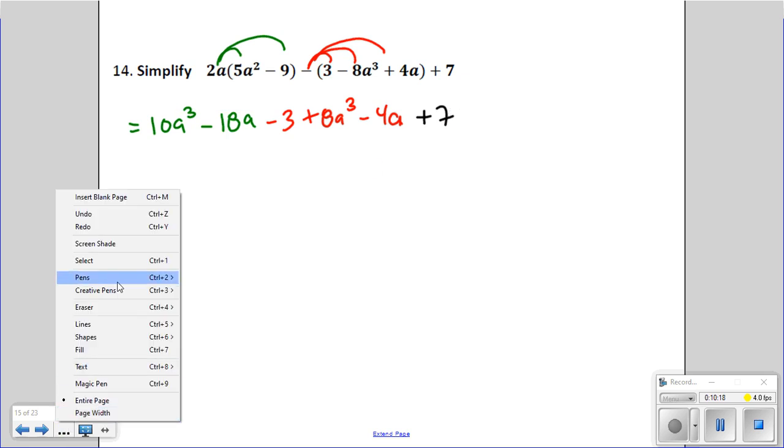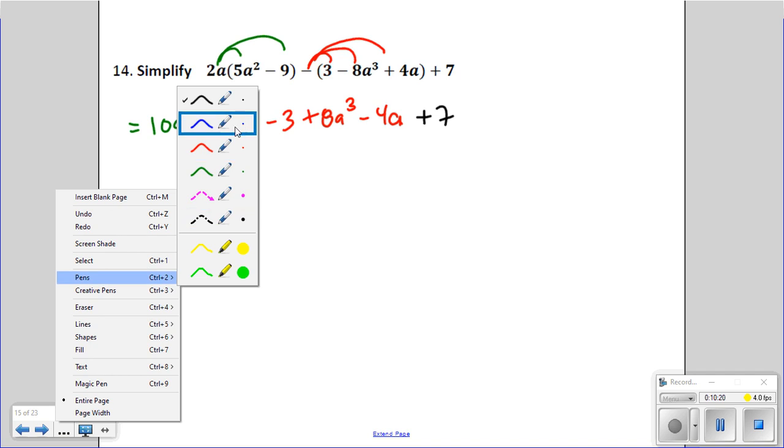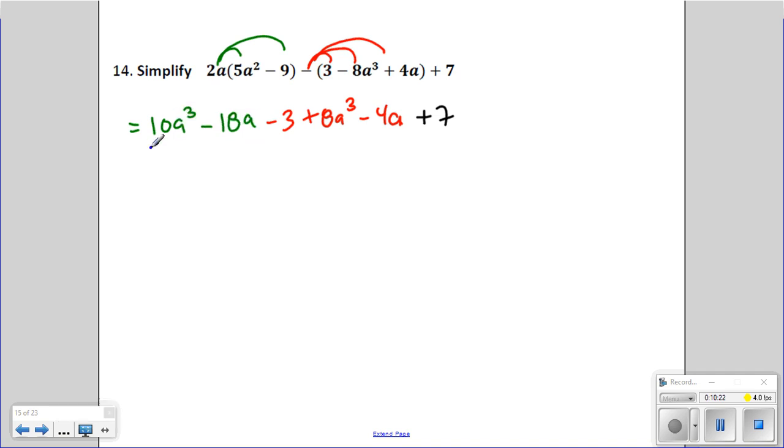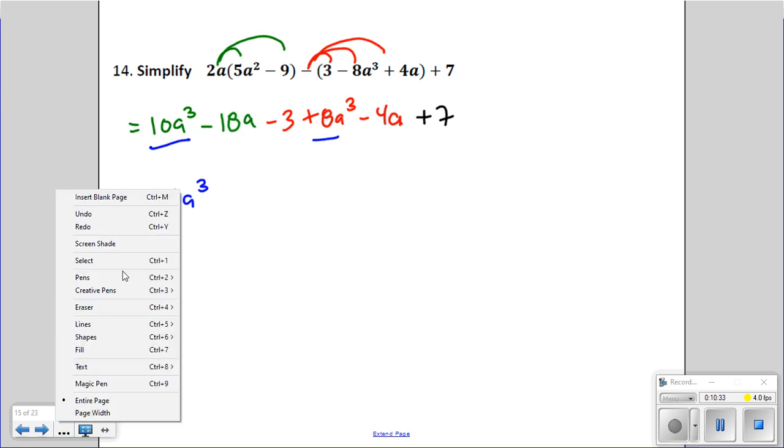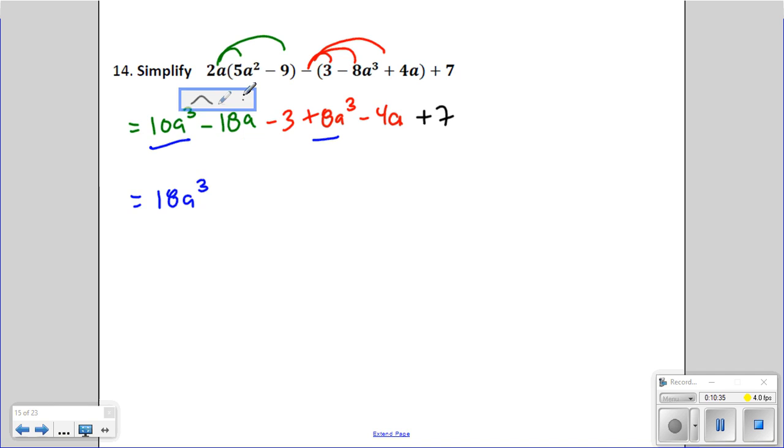Nothing happened with it, so just bring it all the way down for now. And now combine like terms properly. So I have 10a cubed, 8a cubed, so I have 18a cubed. I have also negative 18a, negative 4a, so I have negative 22a.